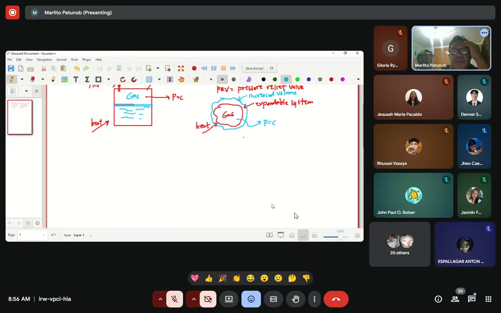Okay. So number one, letter A, if we are talking about the PV and the TS diagram.